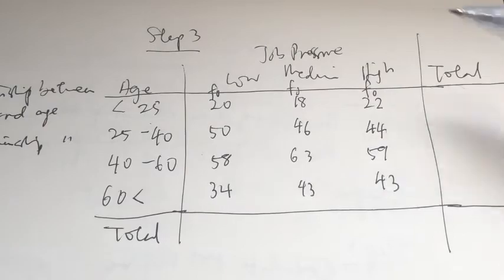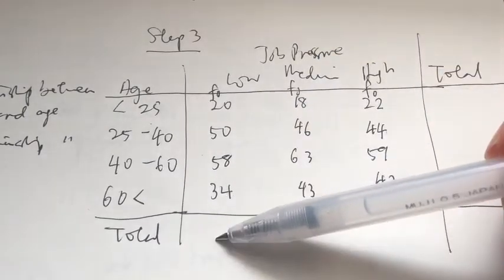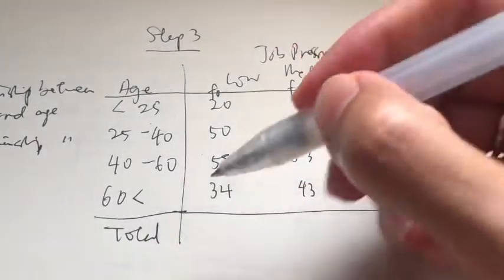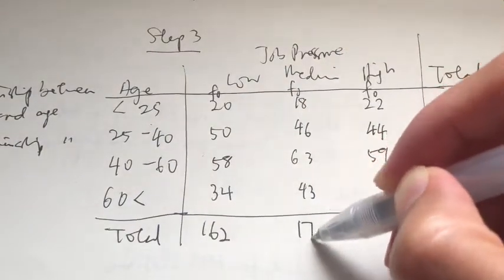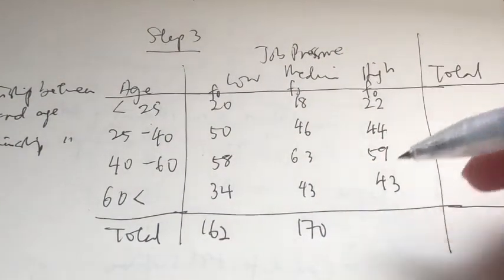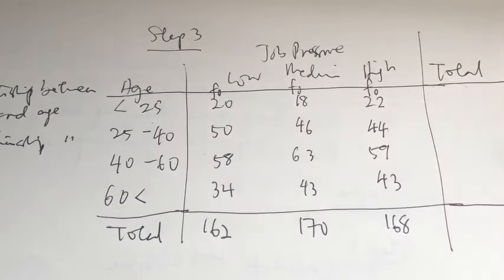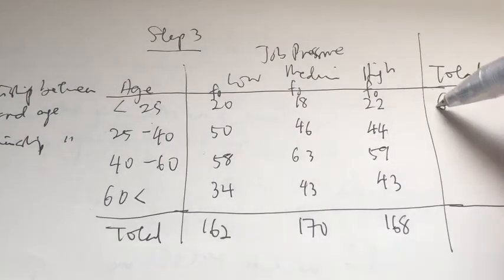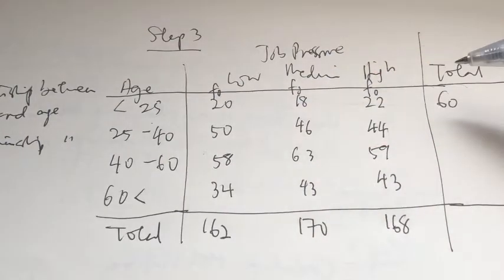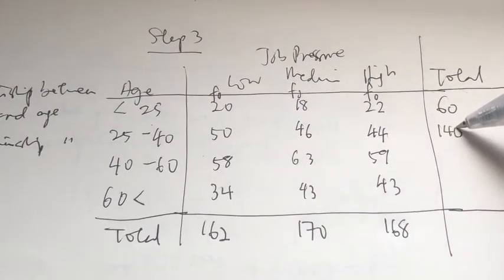Okay, so why don't we add it all up and you can find the total. This is 162. The total here is 170, and the total here is 168. Now do it this way. The total of the first row is 60. Total for the second row, 140.